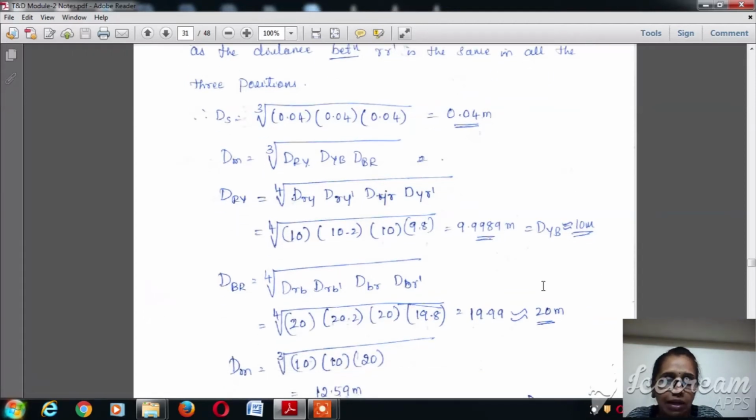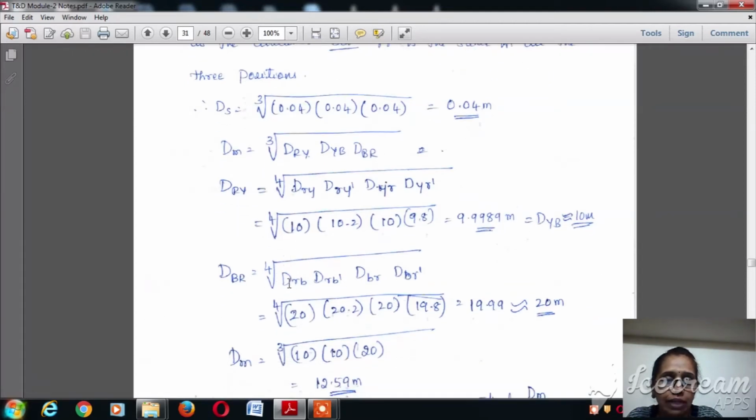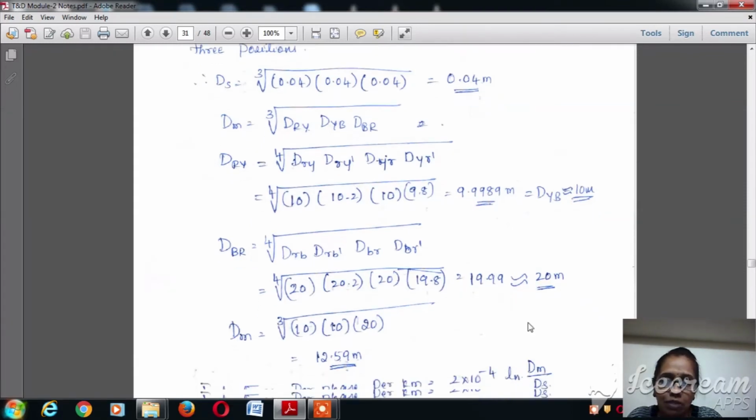So dbr is nothing but equal to the fourth root of drb into drb dash into dbr into dbr dash. So here also it is 20.2, because 20 plus 0.2. There it is dbr dash, again 20 minus 0.2 in the figure, that is going to be 19.99, approximated to 20 meters.